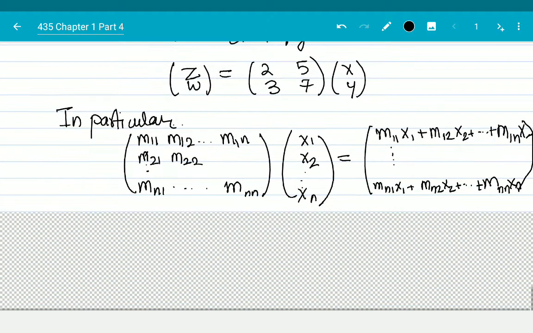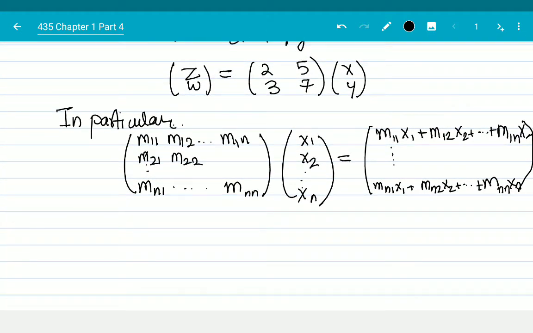Okay, so that is how you do matrix multiplication. And how do we use it for the Hill cipher?